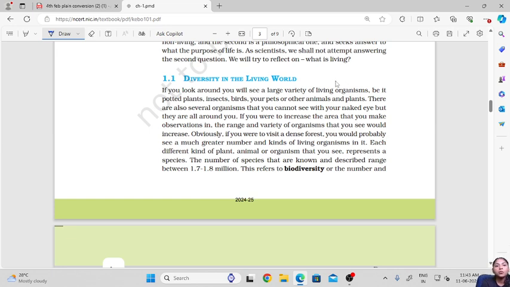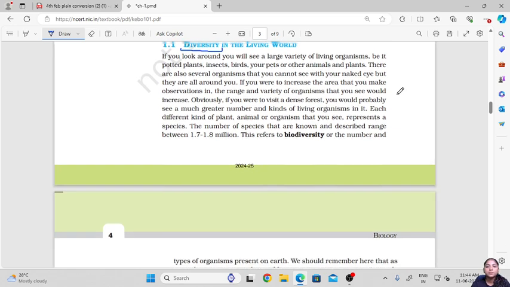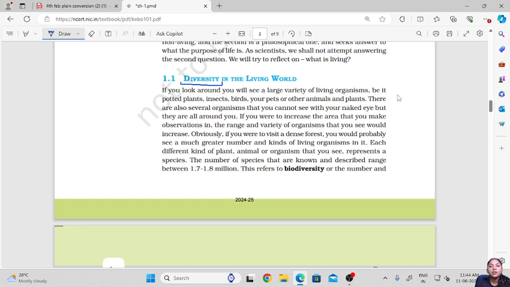So what do you mean by diversity? Diversity means the variety of animals that are found on the earth. So we know that there are a number of species that are known and described, and the number is between 1.7 to 1.8 million.